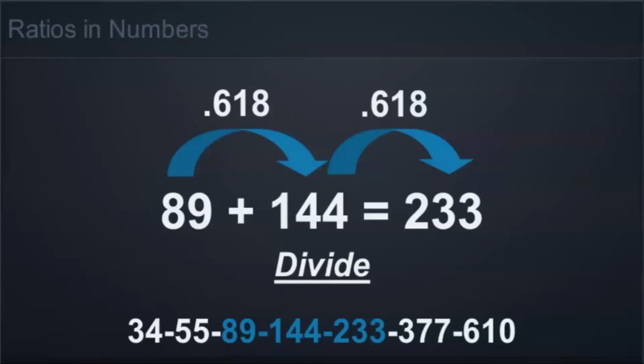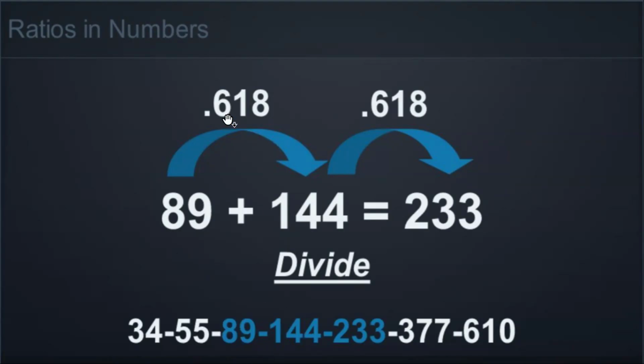So let's take a ratio between 34 and 55, 55 and 89, 89 and 144. So take 89 and use it to divide 144.